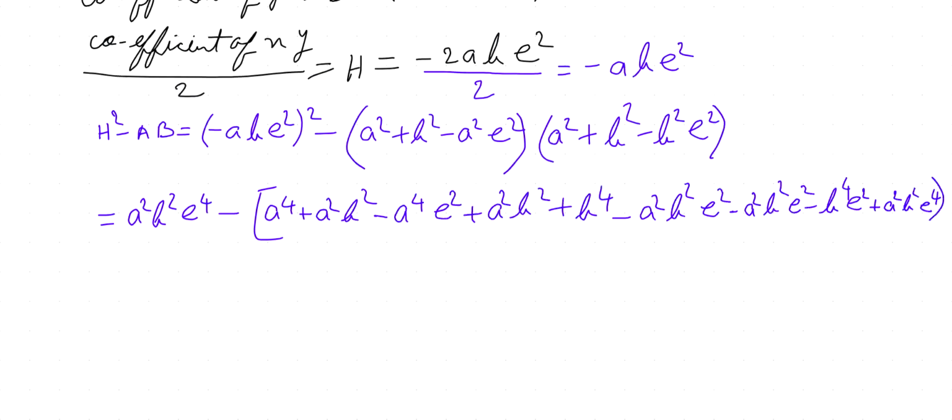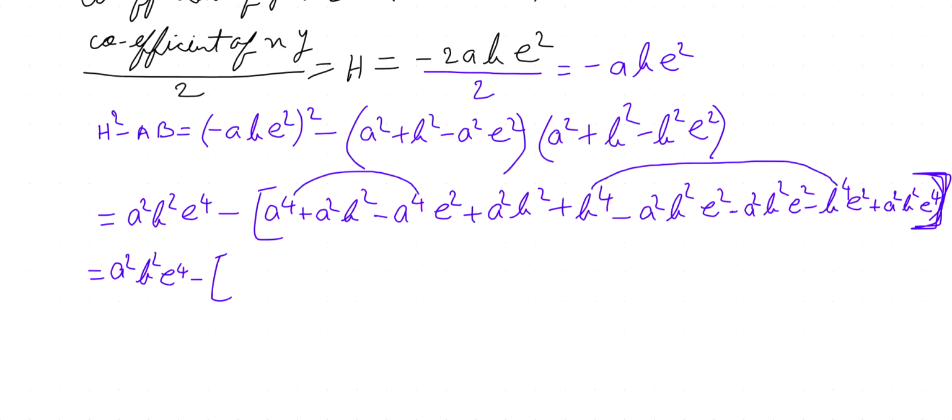So this is it. Now in next step, notice it is A square B square e to the power 4 minus, in bracket only. If you notice, then A to the power 4 two terms, B to the power 4 two terms, and then A square B square term.